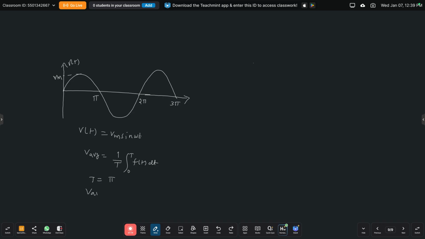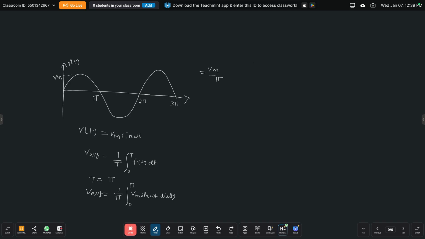So therefore the average value is 1 by pi integral 0 to pi Vm sin omega t d of omega t, which is equal to Vm by pi.